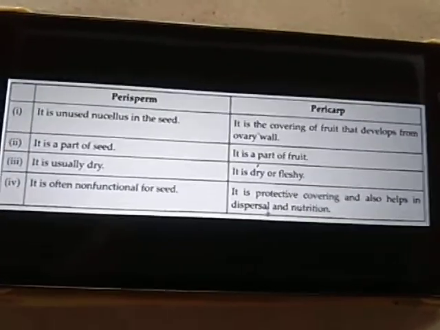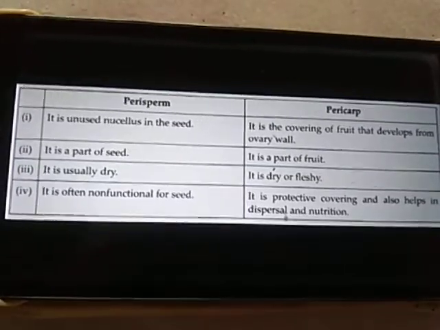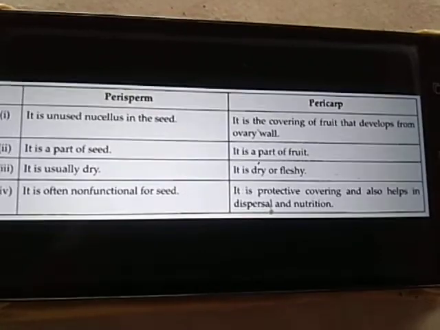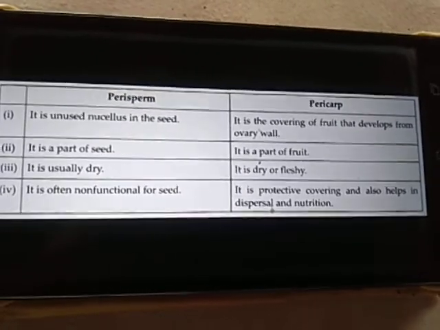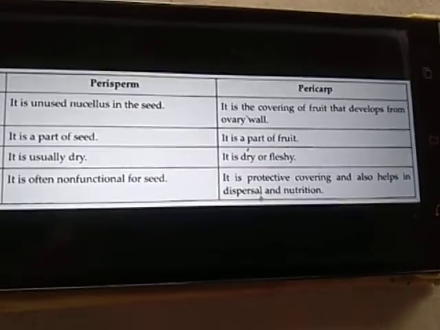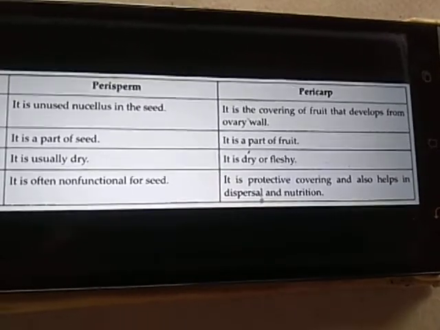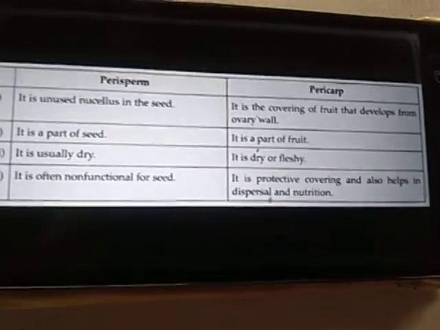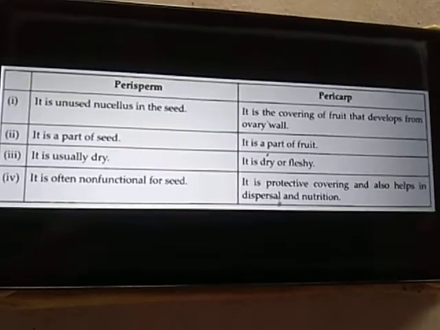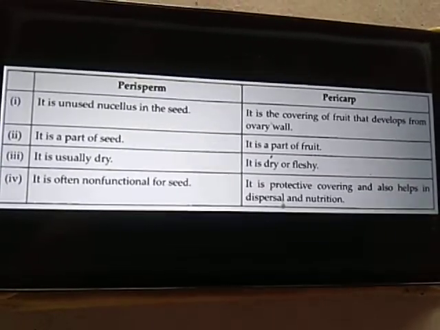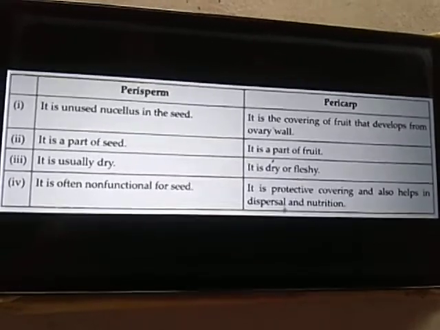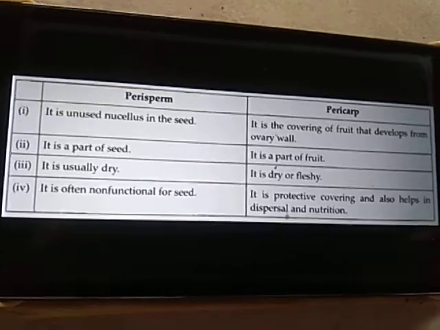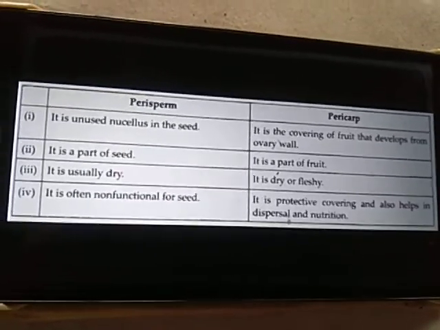In a similar term, you will study pericarp. Sometimes pericarp and perisperm are confusing terms, so you can study like this: perisperm is the unused nucellus, but pericarp is the covering of the fruit that develops from the ovary wall. The covering of the fruit is pericarp, but the nucellus that remains is perisperm. Pericarp is part of the fruit, perisperm is part of the seed. Pericarp may be dry or fleshy, but perisperm is always dry and non-functional for the seed.